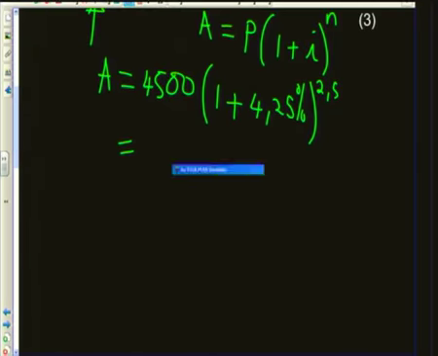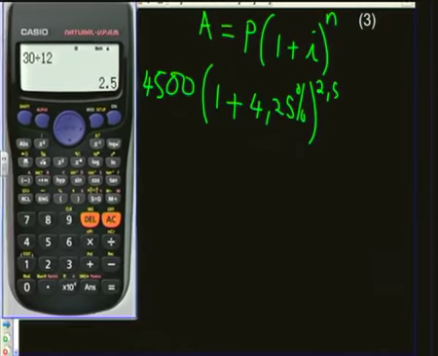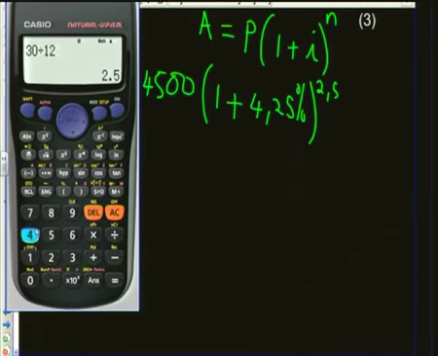Now let's just calculate quickly. You've got your 4,500 bracket 1 plus your percent, you can keep it as a percentage, which is 4.25, and then let's get the percent to the exponent 2.5.